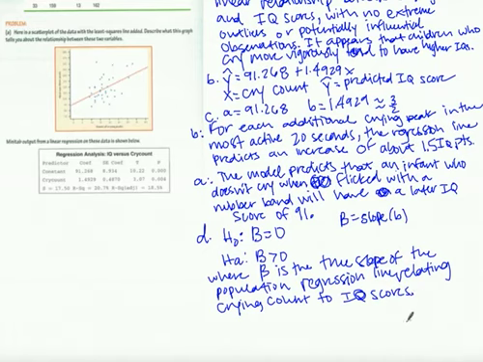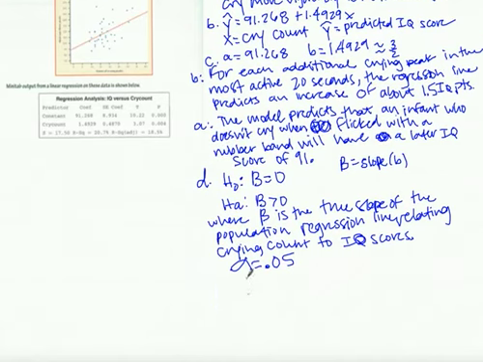So because no significance level was given, we're going to use alpha equals 0.05, like we know to do from an earlier unit. So now we're going to have to do a t-test for the slope.